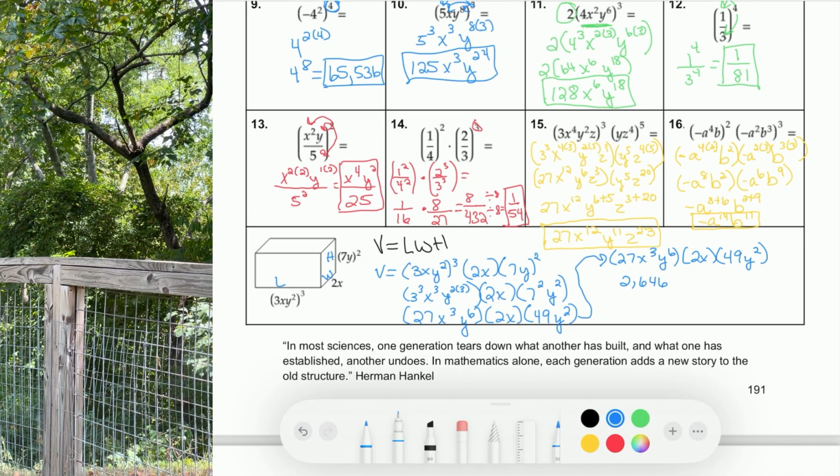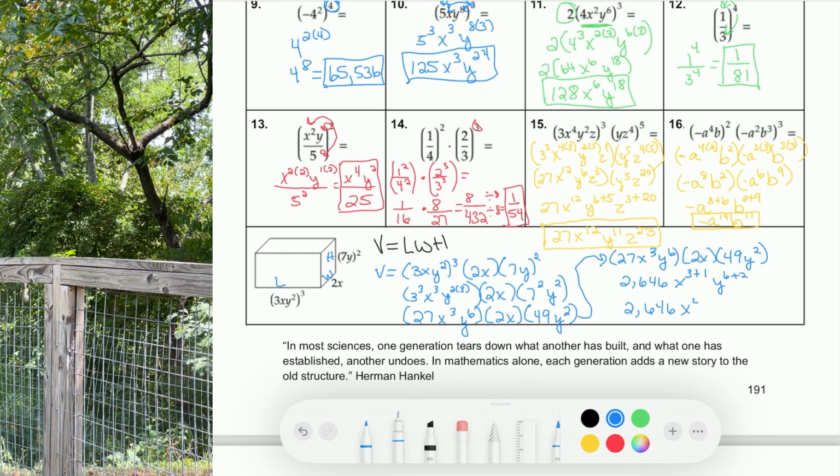My x becomes x to the power of 3 plus 1, because this x had a power of 1. And then my y becomes 6 plus 2. Simplify that down. I get x to the power of 4, and then y to the power of 8. And we are done finding the volume of that block.